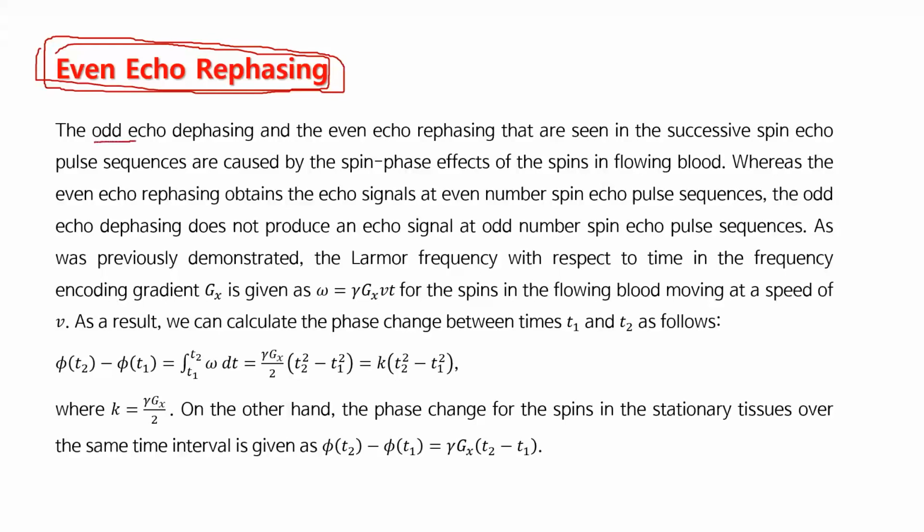The odd echo dephasing and the even echo rephasing, seen in successive spin echo pulse sequences, are caused by spin phase effects of the spins in flowing blood.